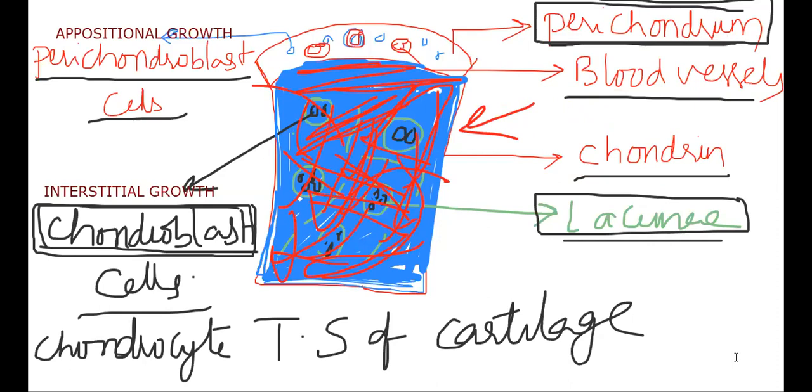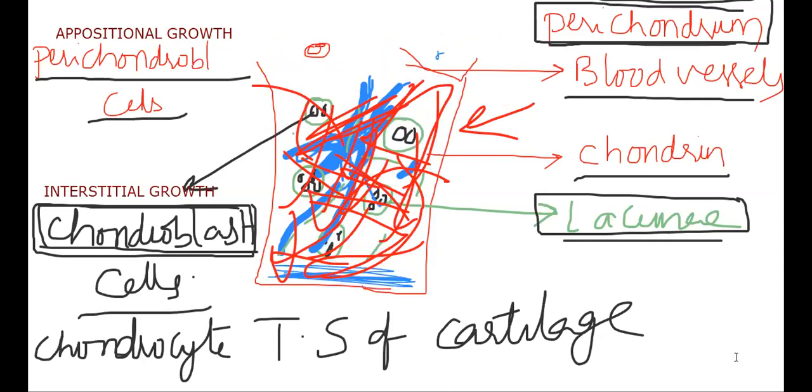One more correction: fibrous cartilage doesn't have perichondrium. That means this layer is absent. Then we get a doubt: if perichondrium is absent, how does it get nourishment? It will get nourishment from the underlying tissues where they are present.